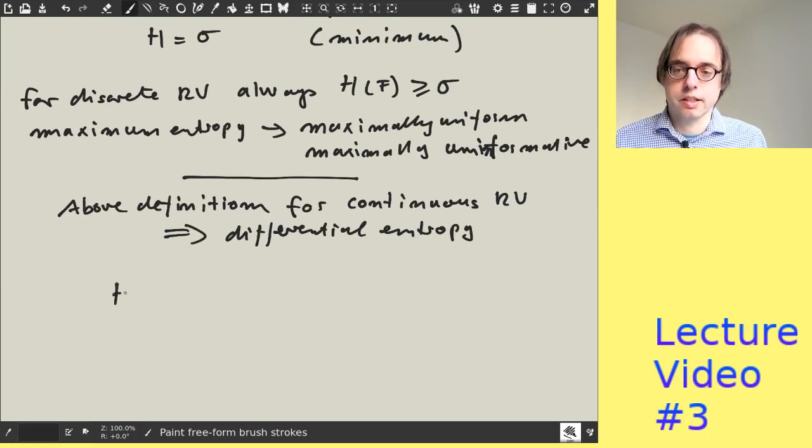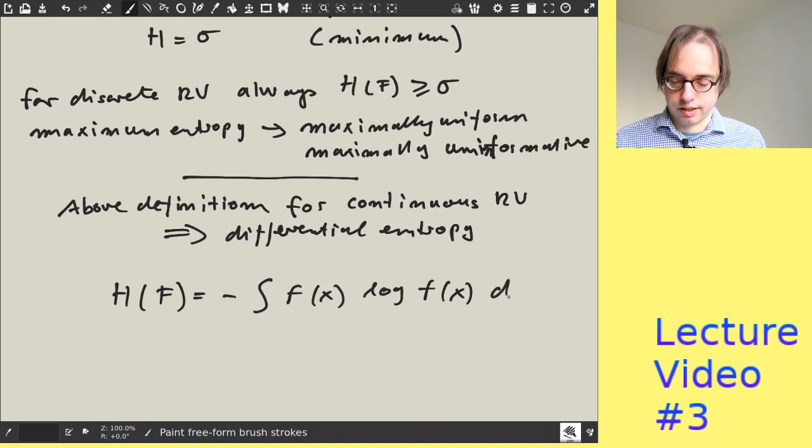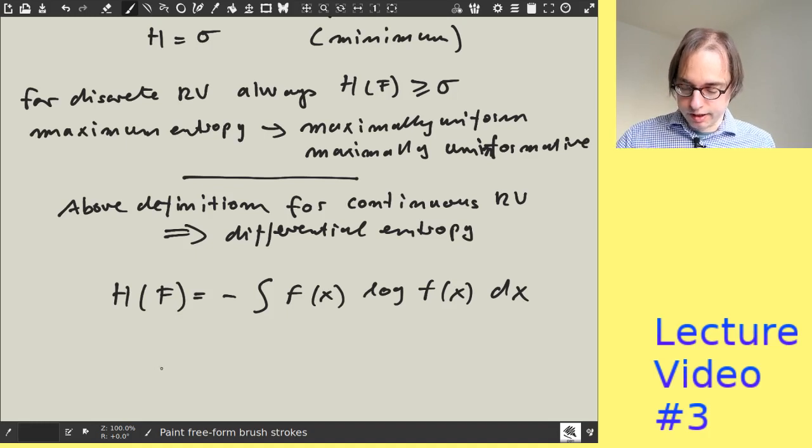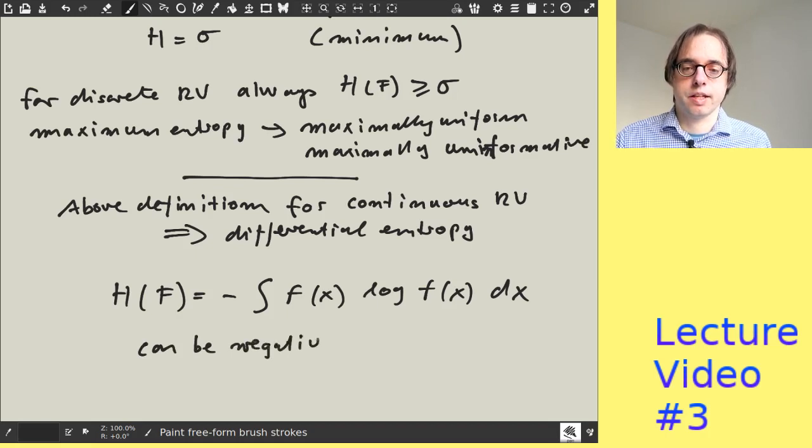It's defined as minus the integral over f(x) log f(x) dx, where f(x) is of course a density. And interestingly, this can be smaller than 0, can be negative, and the reason is that the density can be larger than 1, of course, so then minus log of something larger than 1 is negative.